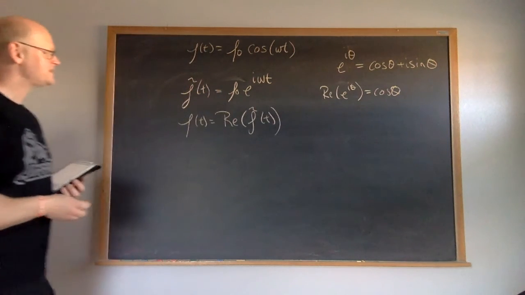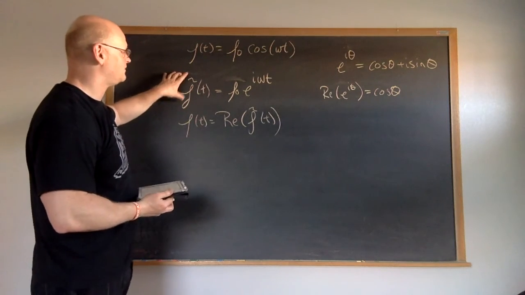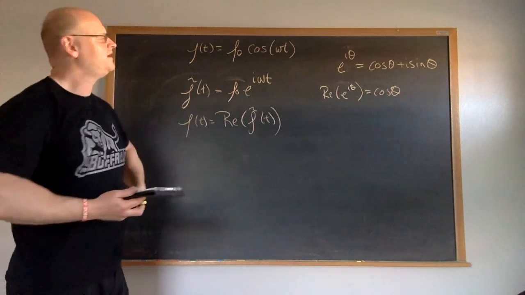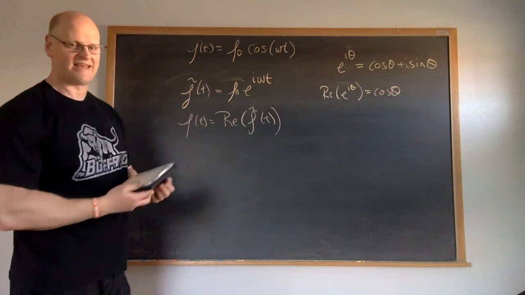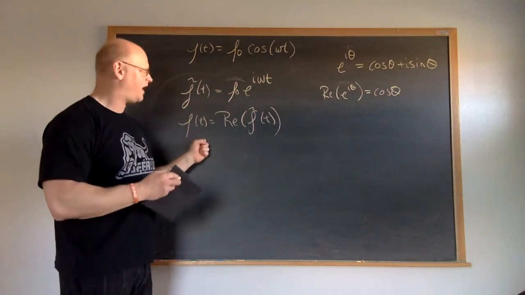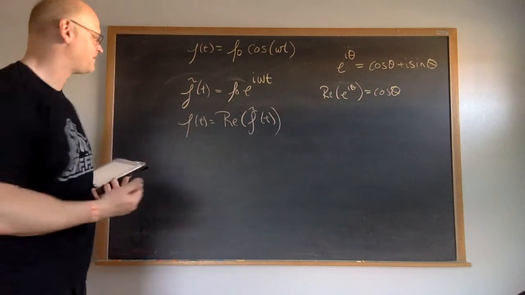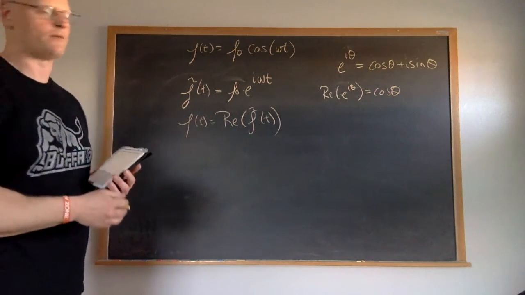Basically, we complexify f to make it easier to solve, because it's a lot easier to solve for exponentials as opposed to cosines and sines. And at the end of the day, we simply take the real part of the solution that we find for this complexified function, and that's going to be the solution to our original differential equation that we want to solve.